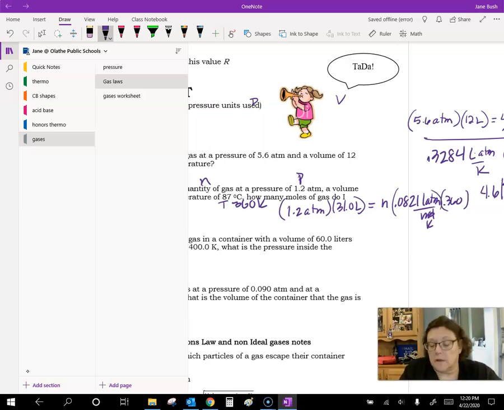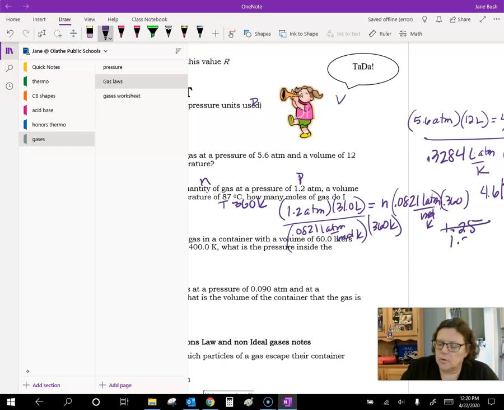Okay, solve for N. So we're going to divide both sides. 1.2 times 31 divided by 0.0821 divided by 360. We get 1.258, so we'll go 1.26 moles.